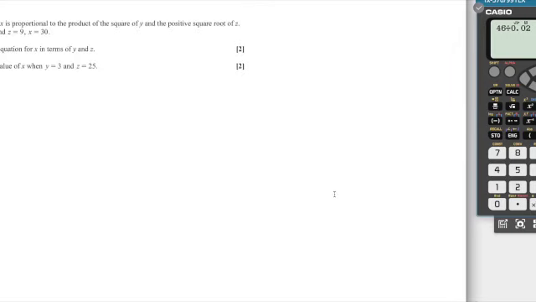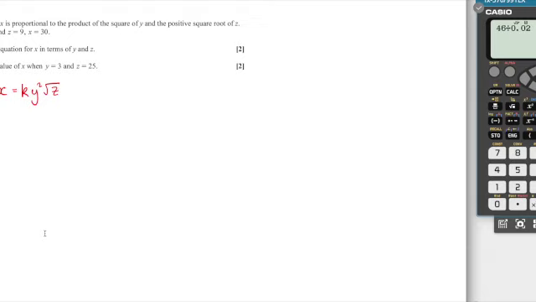Question 3. It is given that x is proportional to the product of the square of y and the positive square root of z. So from GCSE, remember x equals k, the square of y, so that is not y square root of y, it is the square of y, so that is y squared root z. Right, equation, so we're going to pop all that information in.